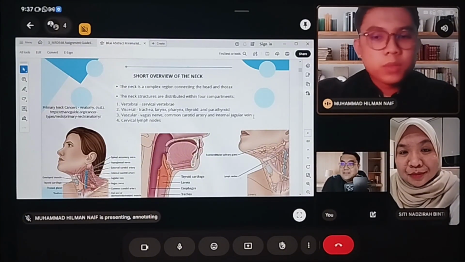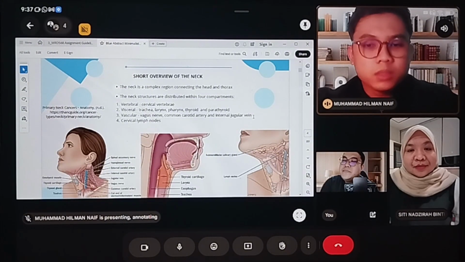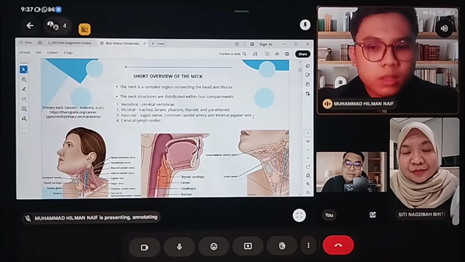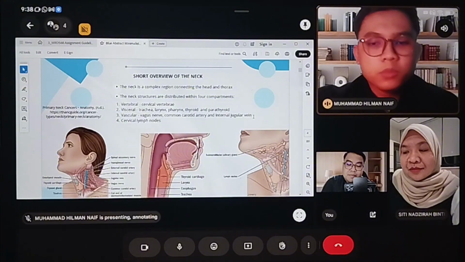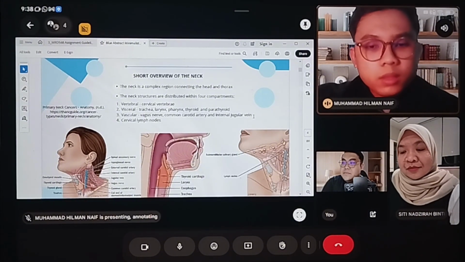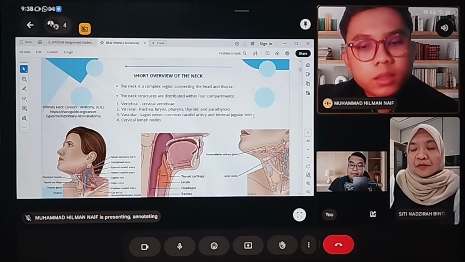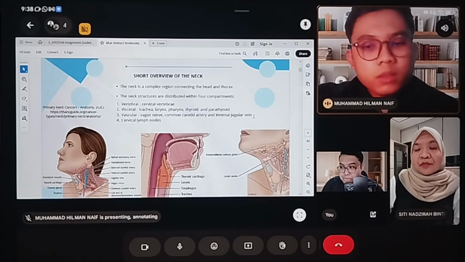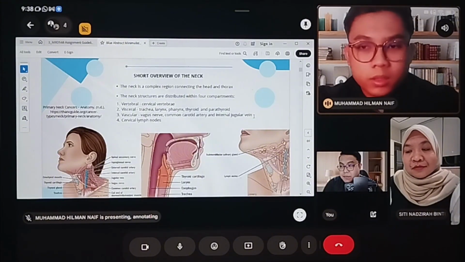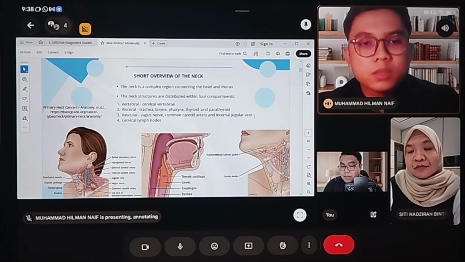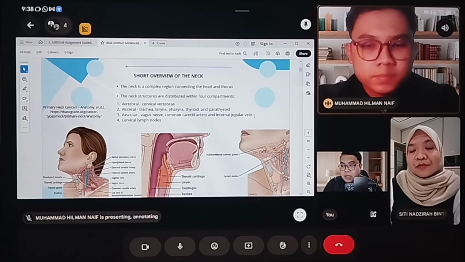I agree as well because the MRI images and diagrams are suitable for explaining both normal and abnormal anatomy. I think our content already follows the assignment guideline clearly. Maybe today we can focus more on how each member explains their part confidently and makes the transitions clearer and smoother. Okay, thank you Ilman.